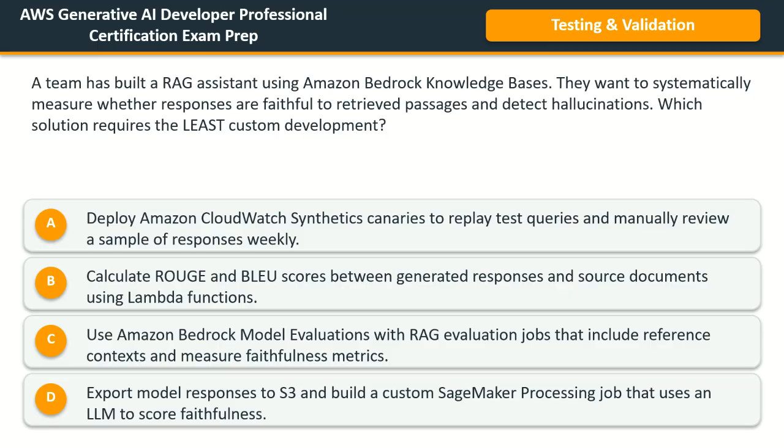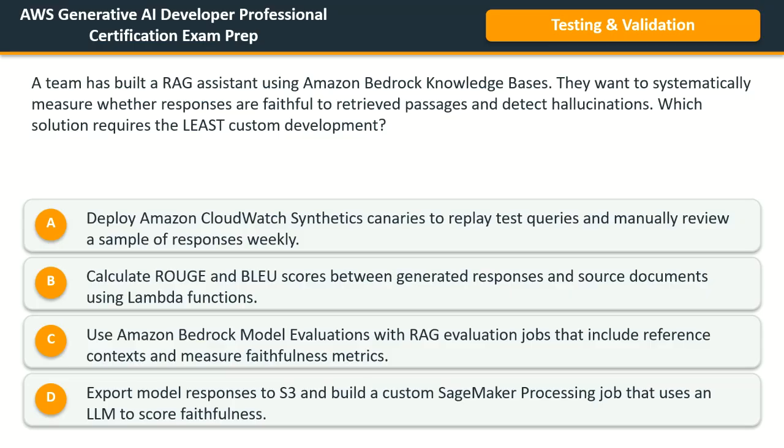C is the correct answer. The question is testing whether you understand how AWS wants you to evaluate GenAI systems. The phrase to focus on is least custom development. Amazon Bedrock model evaluations provide managed RAG evaluation, including faithfulness, which is the key metric for hallucination detection.